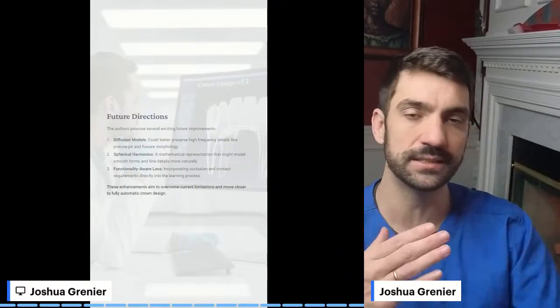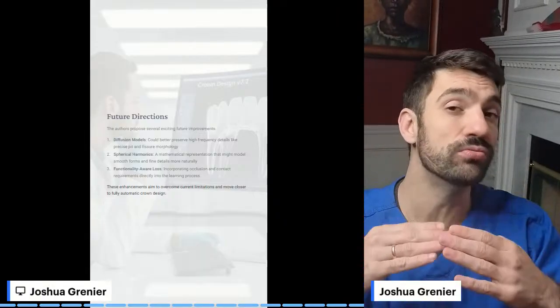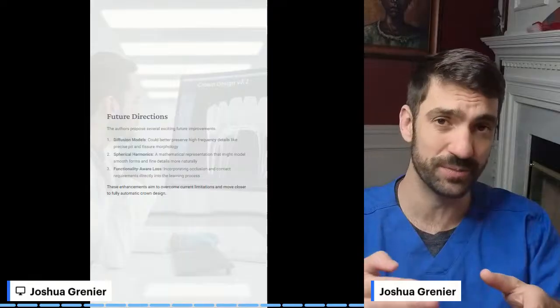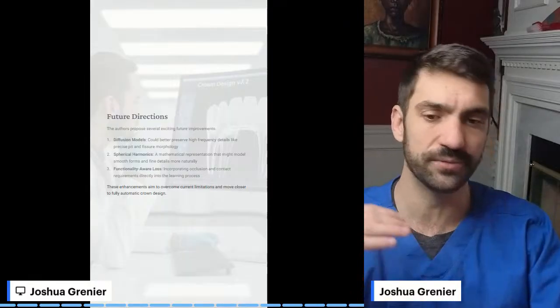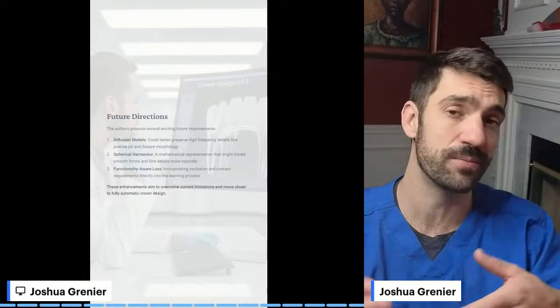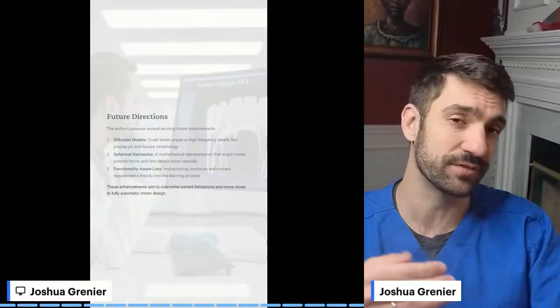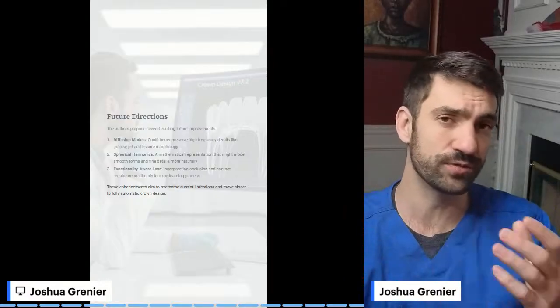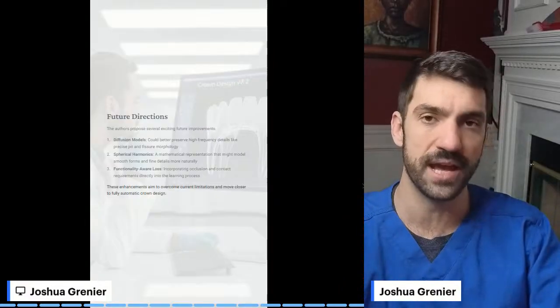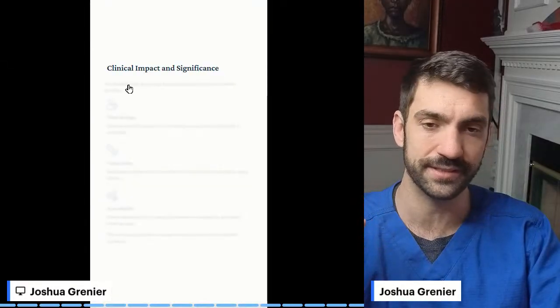So the idea is, although 3Shape certainly is the market leader, there is probably going to be continued room for improvement, and we love to see work on this, because it's highly possible that a model that is very effective at, say, crown design, especially if it's open source, could be used for something you couldn't even imagine, like developing a tooth in situ.